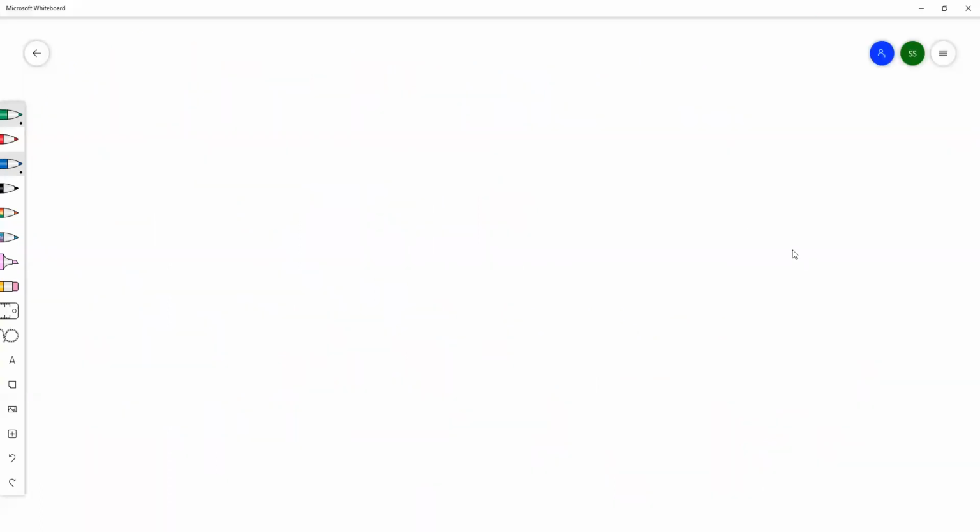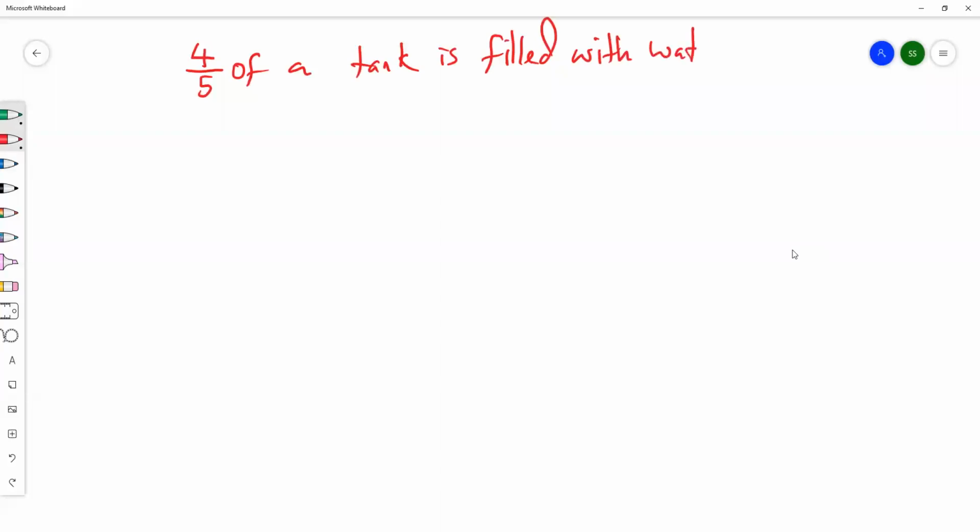Now there is a question. Listen carefully. 4/5 of a tank is filled with water.